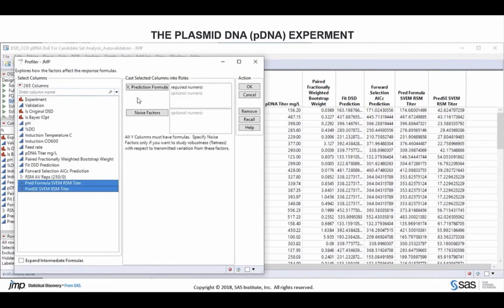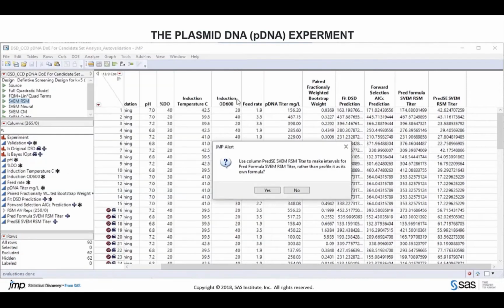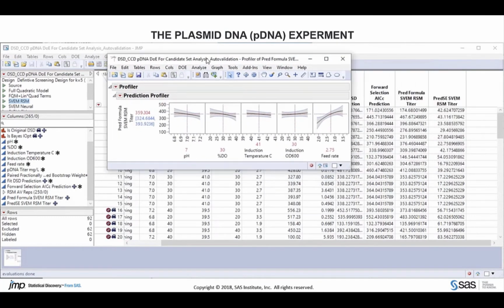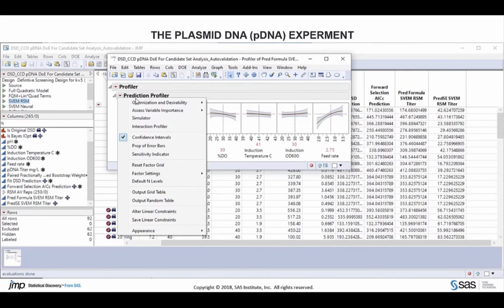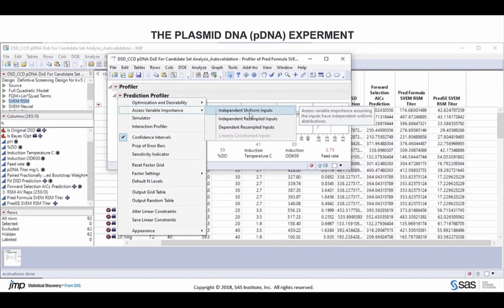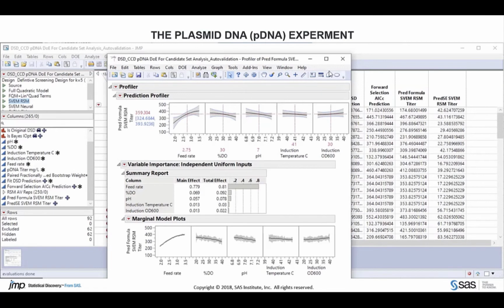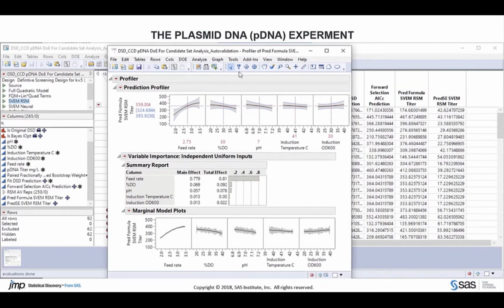So I get those loaded up as responses, tell it to expand intermediate formulas, confirm that it's a standard error formula, and we see the traces of titer as a function of the input variables now.